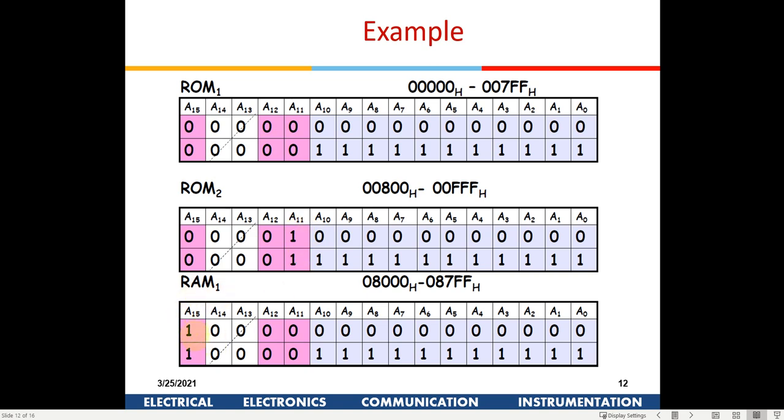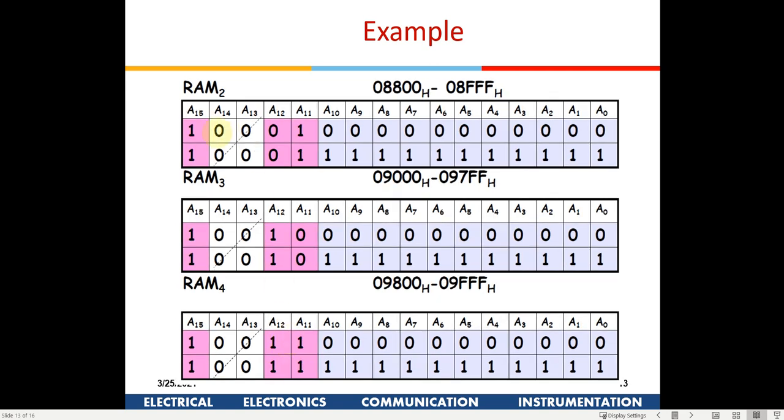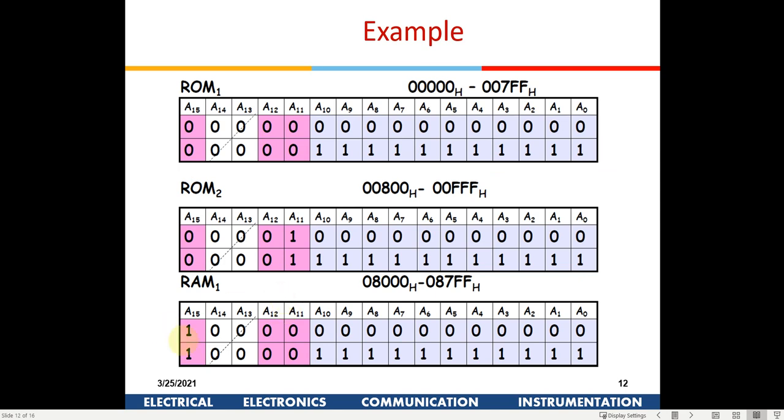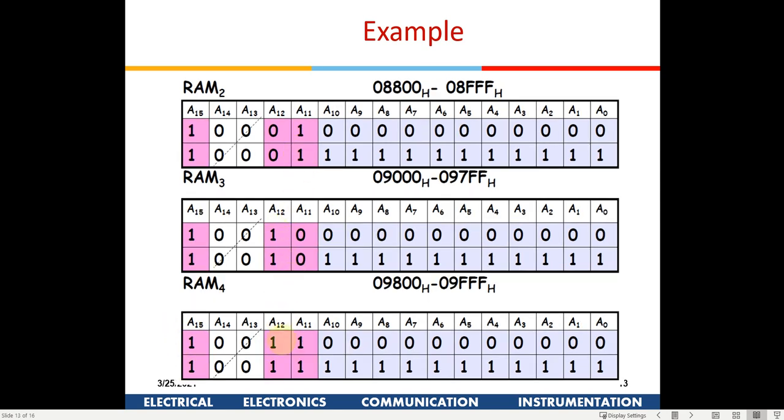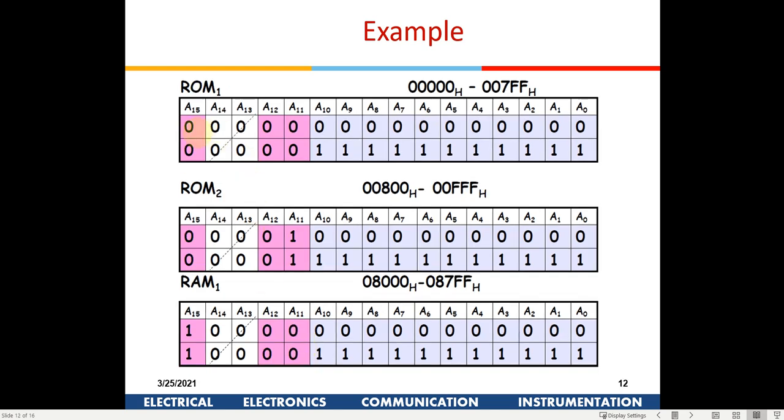Whereas for the RAM, it's starting from 1 here. So you have ensured that they are different from the ROM. This has to be unique. So this is 01, 10, 11. These four are starting from 1, but they are 00, 01, 10, and 11. Whereas for ROM, it is 00 and then 01. They are the two different ROMs and addresses.